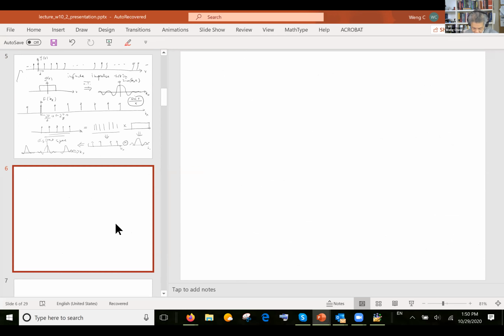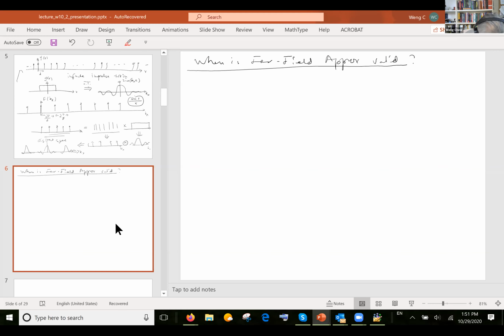Because of that, we can easily figure out that the sinc function should come about, and that's what you should have. If you don't have any question on this, I'd like to move on to ask the question: why is far field valid? When is our far field approximation valid?